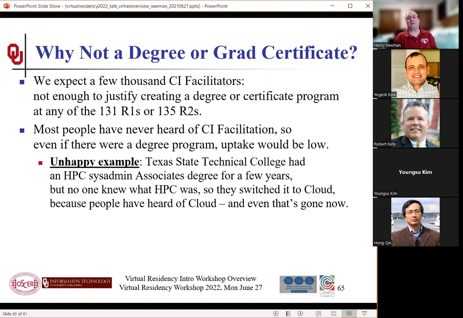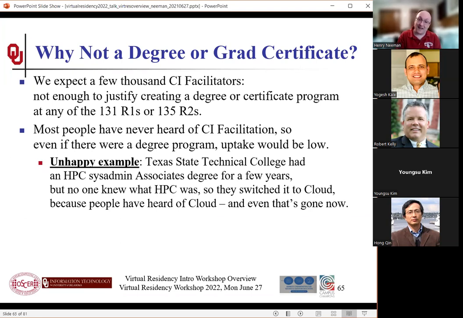So here's an example that was an unhappy thing. Texas State Technical College, probably getting on to 15 years ago now, created an associate's degree program in HPC system administration, and it failed, because nobody knew what HPC was. So why would they choose to pursue a degree?